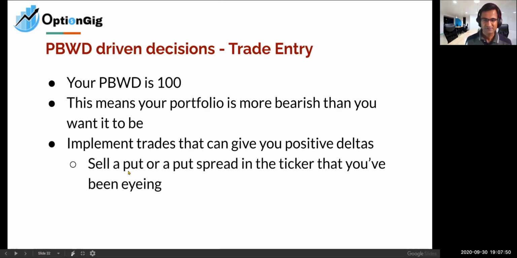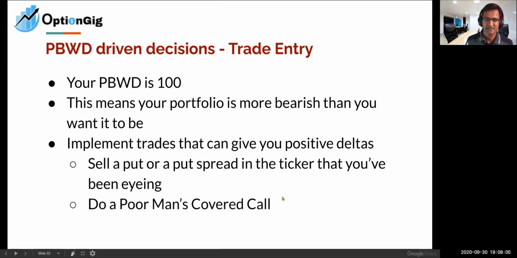You could sell a put or a put spread on the stocks that you've been eyeing. Or you could do a poor man's covered call, which means you buy a LEAP and then you sell shorter dated calls. Again, net, it gives us positive delta.